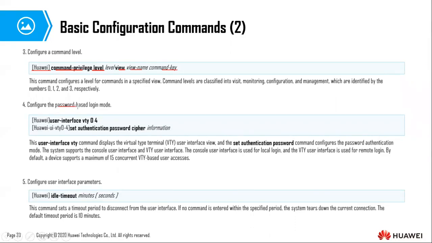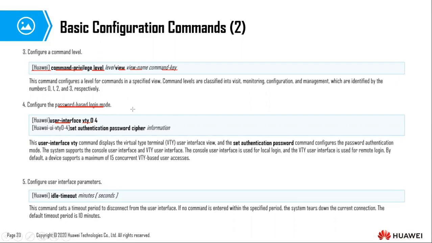You can also configure password-based login mode. So for example, for the virtual type interface, the command is user-interface vty 0 4, meaning we are creating a maximum of 5 interfaces from 0 to 4.